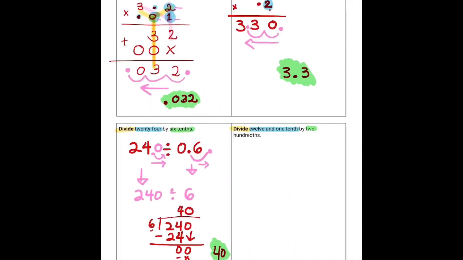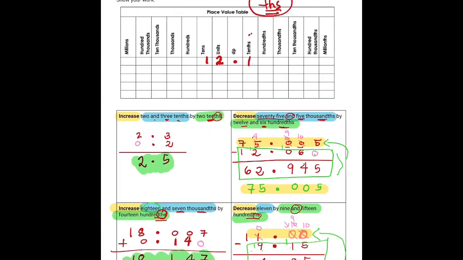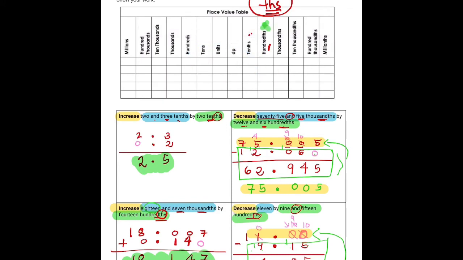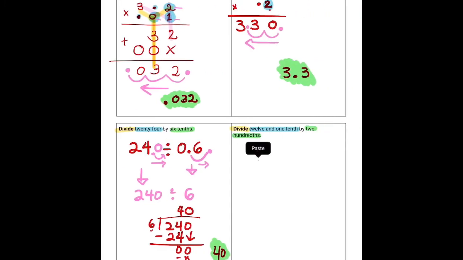I divide it by 200. Okay? So 200. So we need to put it over here. 200. And put your 0 there. So that is how we write 12 and 1/10 and 200s.